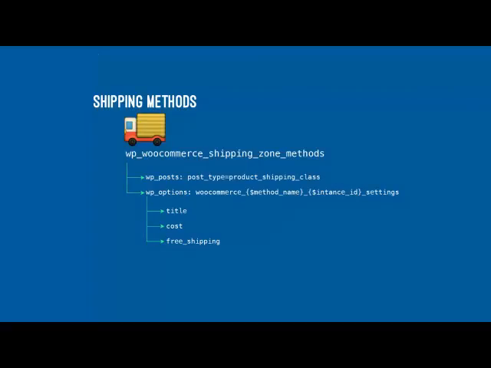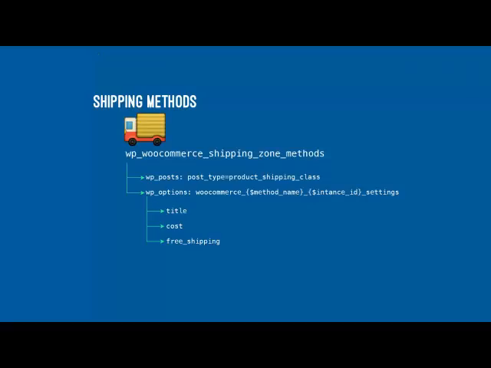And then the settings for the shipping methods that you set, including title and cost, are actually stored in the options table. So you have to go into the options table and search for an option name with the value WooCommerce shipping method name, and then instance ID, which is connected to the shipping zone methods table.